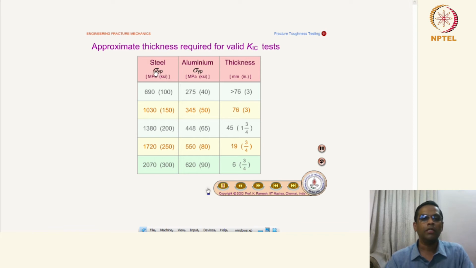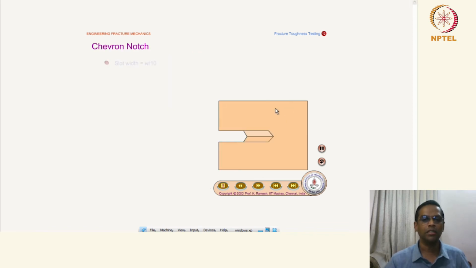Depending upon the sigma YP, that is the yield point, these values also vary. That is the constraint; at least for testing common materials like steel and aluminum it is given here. And this is just for reference.